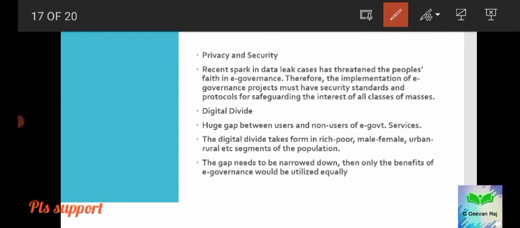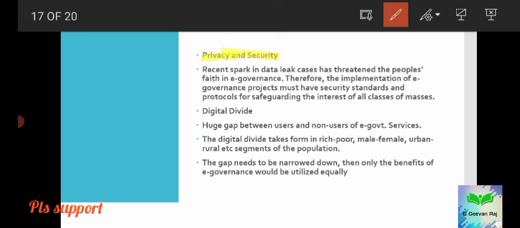Privacy and security is another major challenge. The recent spark in data leak cases has threatened people's faith in e-governance. Therefore, the implementation of e-governance projects must have security standards and protocols for safeguarding the interest of all classes of masses. So recently there have been a lot of cases of data leakages. For example, we can take the Pegasus issue, where the privacy of various personalities was compromised.